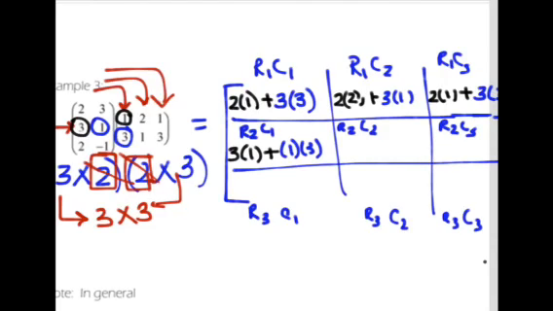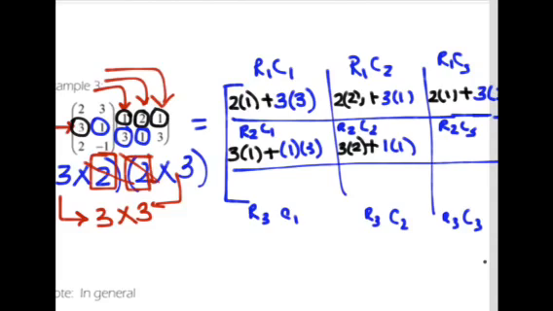Now we go to the next one. The same row, but then this 2 and this 1. So we're on 3 times 2 plus 1 times 1. Last row and column.